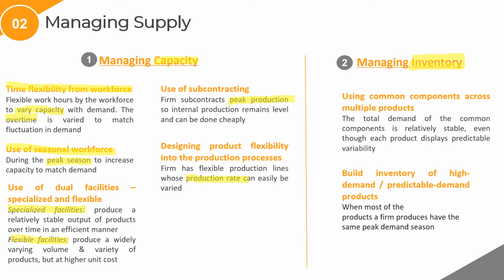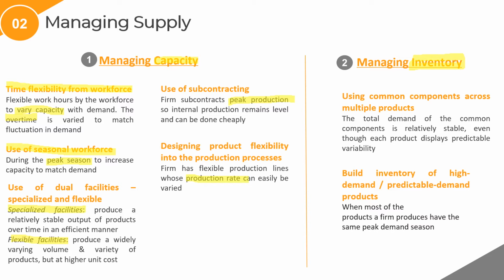And then the second one is by managing inventory. Firms use a combination of the following two approaches to reduce the level of inventory required to meet predictable variability of demand. The first one is by using common components across multiple products.